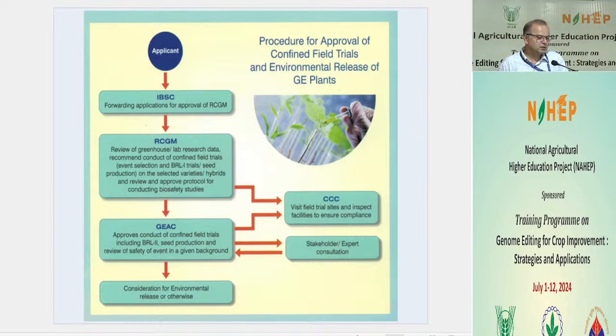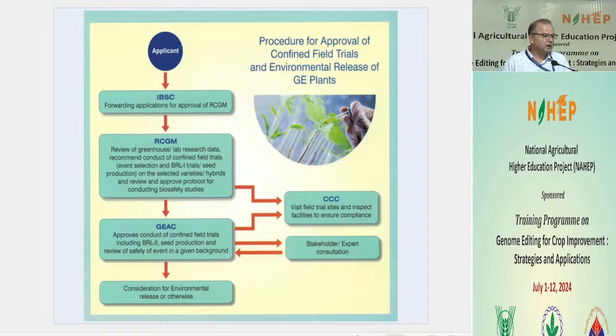and these CFTs can be of two scales. The first one is called BRL1 and the second one is called BRL2. I will come to what BRL1 and BRL2 are, but before that, at the same time RCGM will constitute a Central Compliance Committee, which is called CCC, and again in that committee there will be several experts.